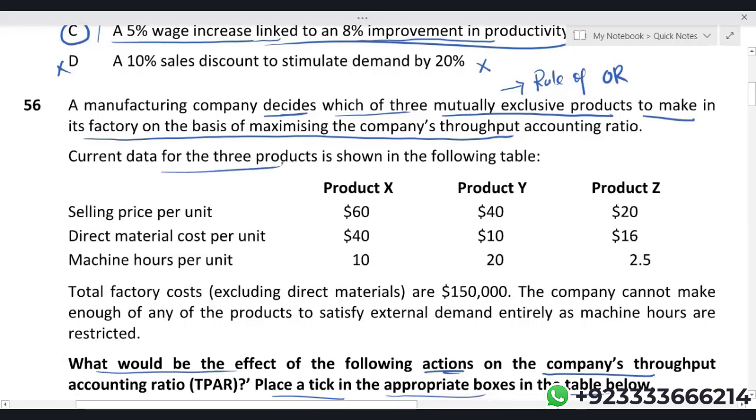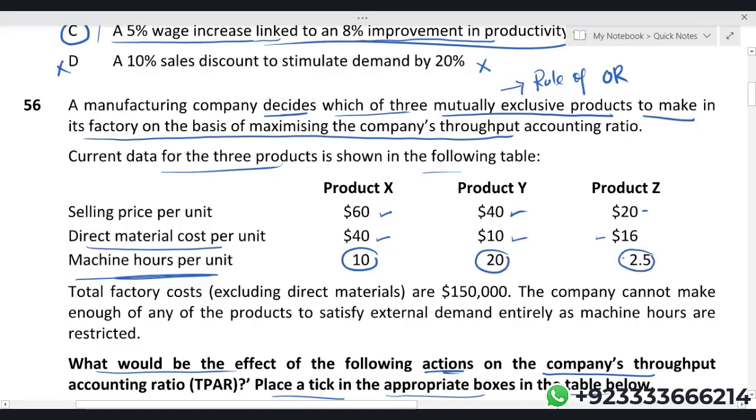Current data for 3 products is shown in the following table. Selling price per unit is 60, 40, and 20. Direct material cost per unit is 40, 10, 16. Machine hours per unit are 10, 20, and 2.5.